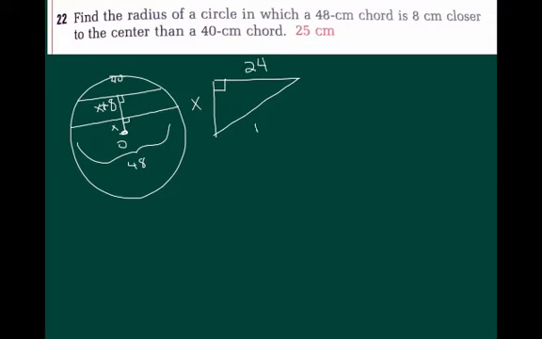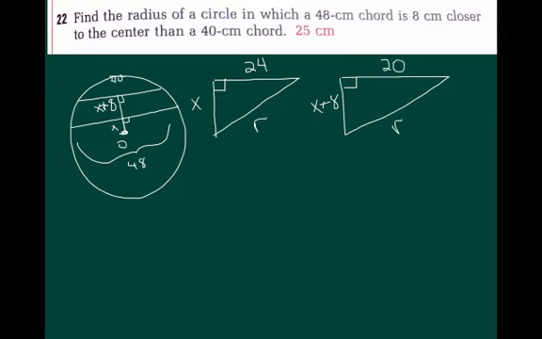We don't know the radius, so we'll call it r. In the other triangle, we're going to be x plus 8 units away from the center. The radius will remain r, and the length of the chord is 40 units. So 40 divided by 2 is 20.